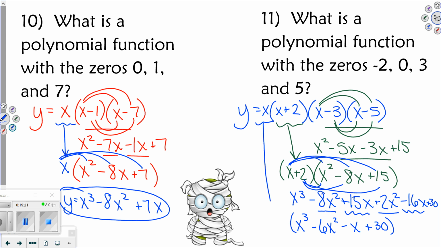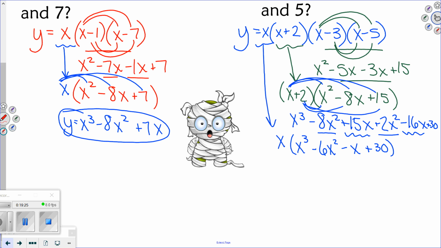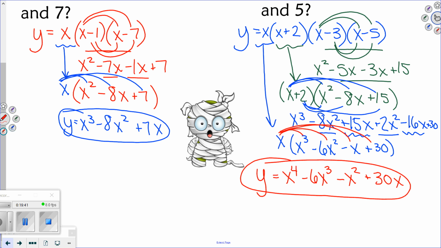And we're going to bring down the last x. Your hand hurts by this point because you're tired of writing. We're almost done. X to the 4th minus 6x cubed minus x squared plus 30x. Don't forget your y equals. Whew, and we are done.